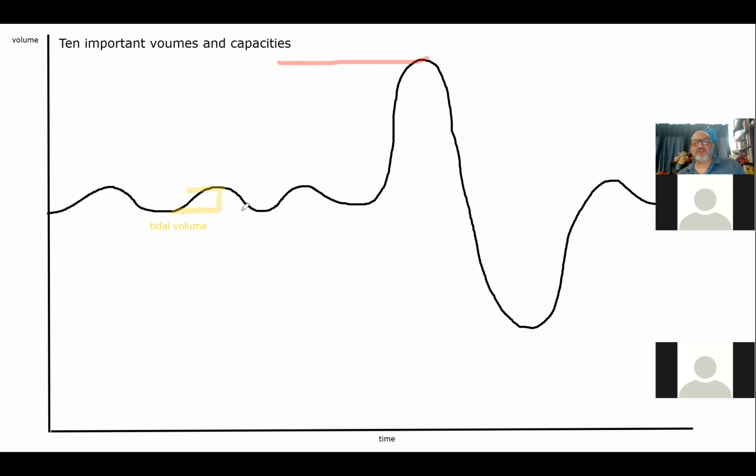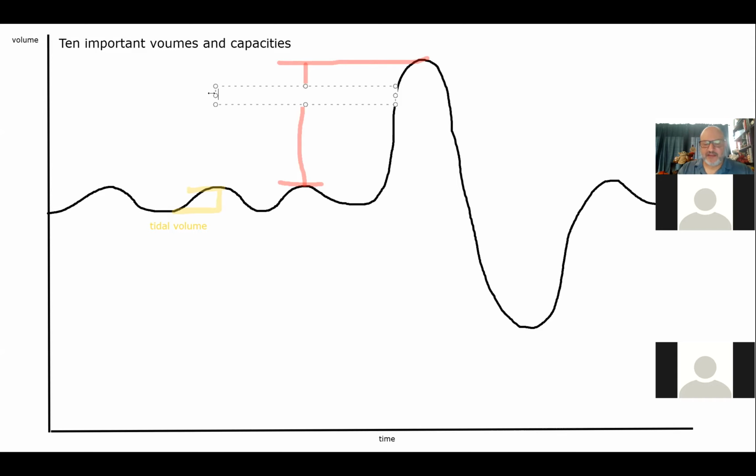So do we want to measure from down here? No. If we want to know above the normal breath, we have to go from the top of the peak, because this is what we normally take in. And then this volume here is the extra space that we have for extra air.